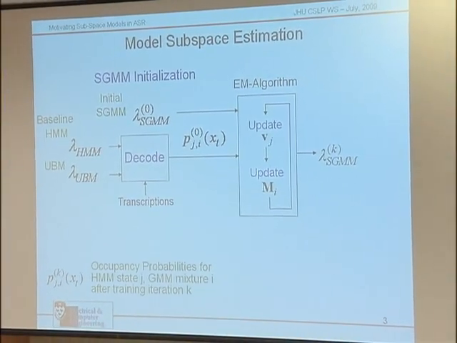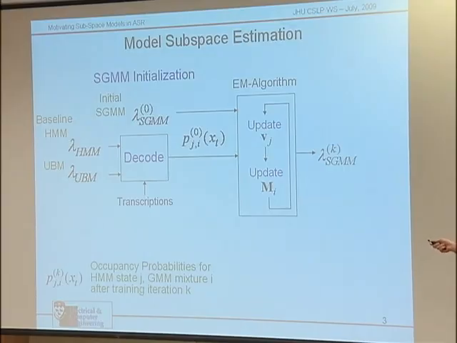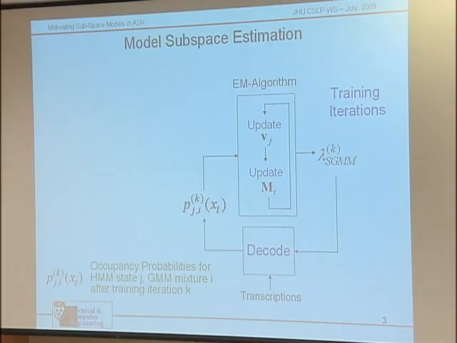Anyway, so we initialize with this stuff. We come up with these initial probabilistic alignments, and then we use the EM algorithm to iteratively train the weights and the subspace parameters of the model subspace system, and we iterate on that, use that model to obtain a new set of occupancy probabilities, and so on.